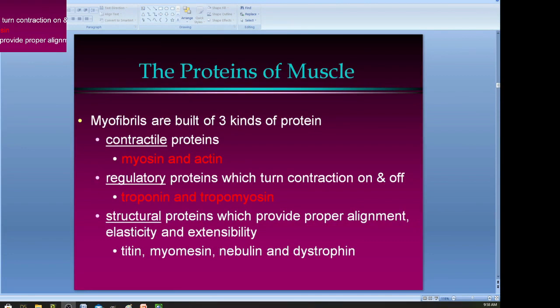So some examples of structural proteins would be this protein called titin, myomesin, nebulin, and then there's this one that you probably have heard of, dystrophin.